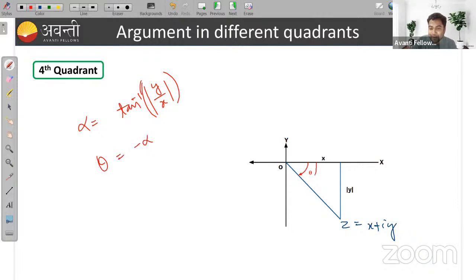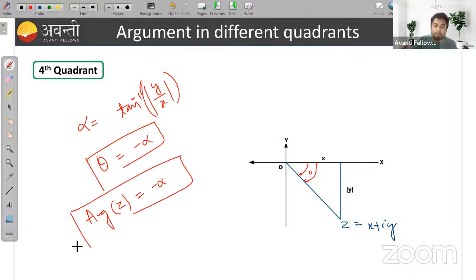If this angle is alpha, then theta is equal to minus alpha. So when the complex number is lying in the fourth quadrant, the argument will be minus alpha. Clear to everyone? Yes. Okay, clear?